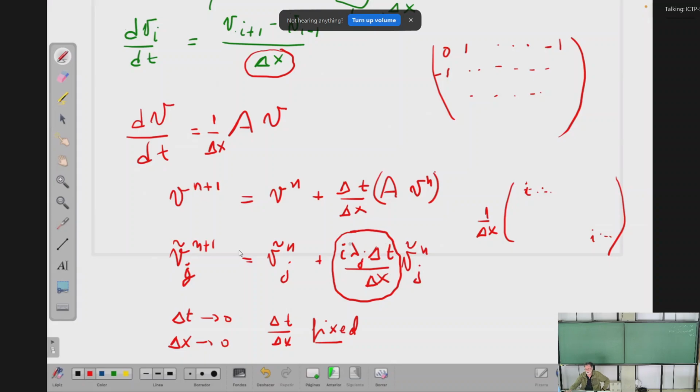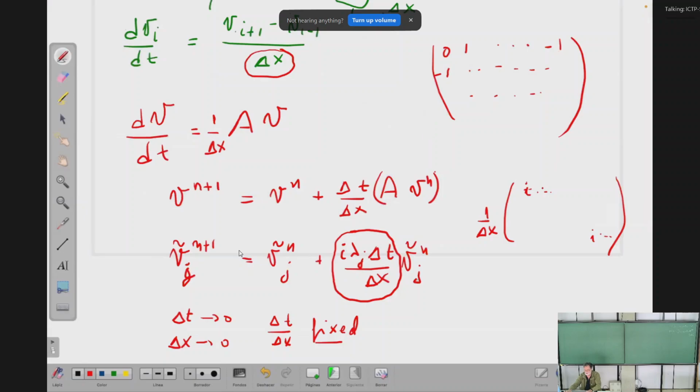Remember, this is what enters in the amplification factor, which, with this number, is rather big. That's why we are very concerned with the problem of the amplification. So this is what we have to be checking. Is it clear? So we have imaginary eigenvalues and they don't go to 0. When delta t goes to 0, this doesn't go to 0.